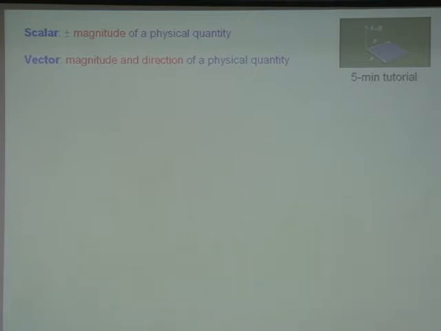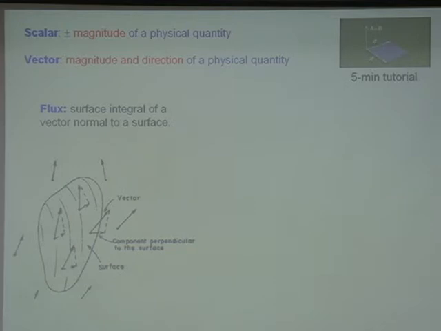One is flux. And flux is that you integrate the vector over some surface, and we call this flux. So if you have a surface integration of the vector on surface, then we call it flux.